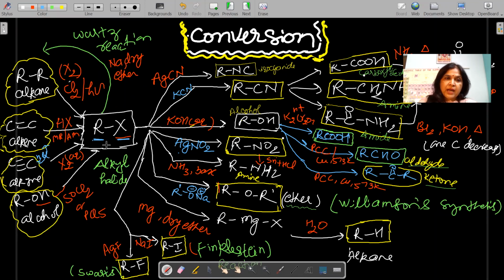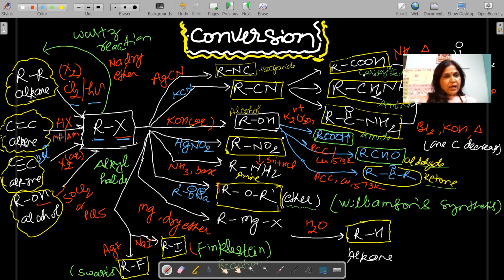Now, alkyl halide is obtained from, suppose the starting compound is alkane, so you have to convert it into alkyl halide. Alkyl halide is obtained from alkane by using what reagent? Chlorination, or we can say halogenation in the presence of sunlight. From alkane to alkyl halide, we have to add chlorine and sunlight.